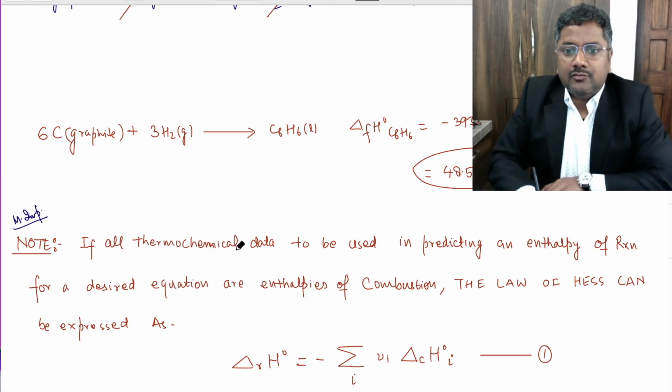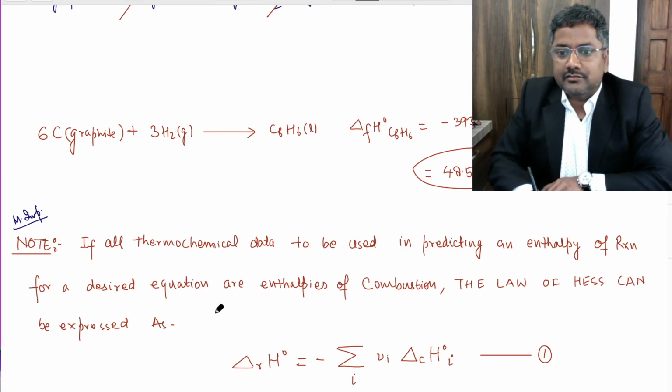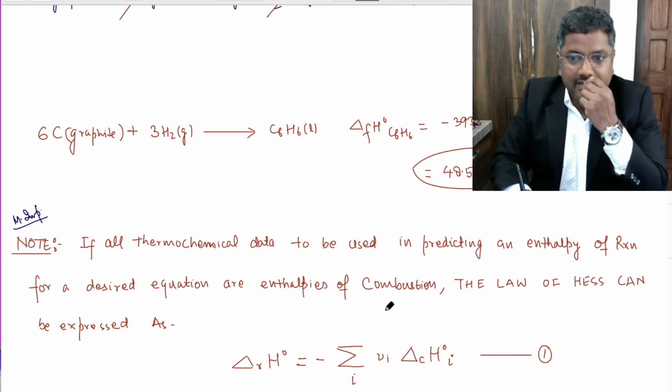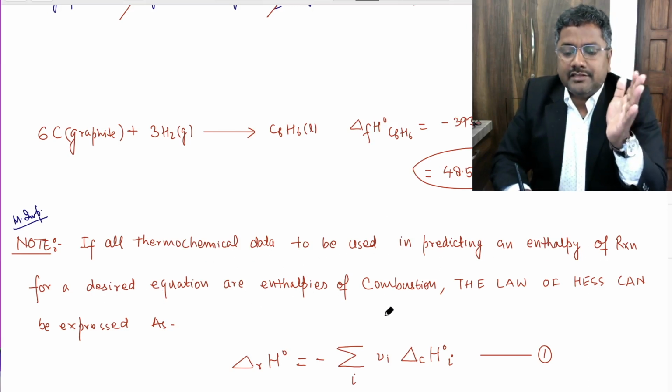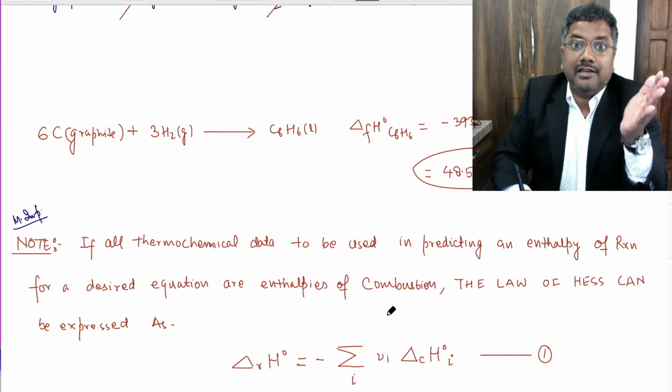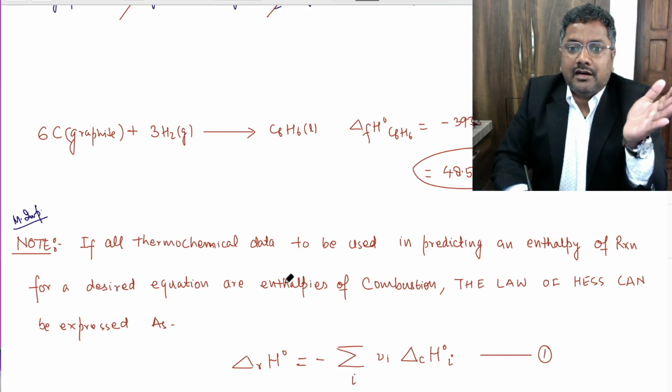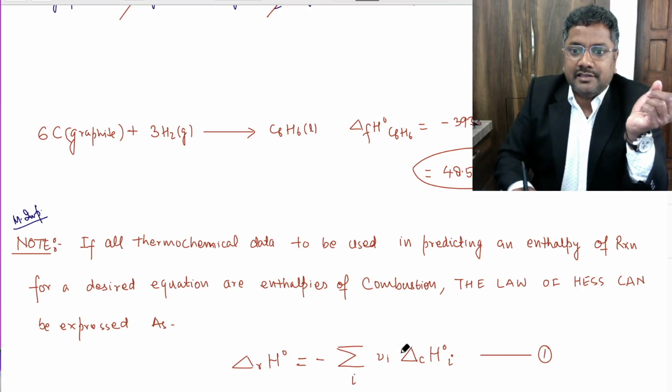If all thermochemical data to be used in predicting an enthalpy of reaction for a desired equation are enthalpies of combustion, means if in any question the data given for the calculation of enthalpy of any reaction are all enthalpies of combustion, then Hess's law can be expressed as this.